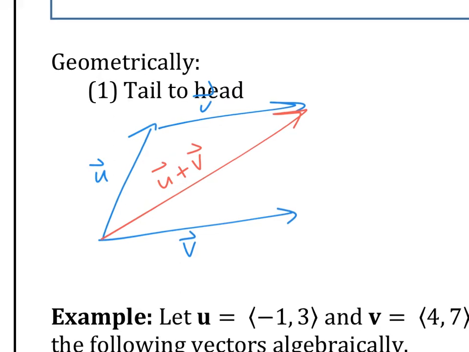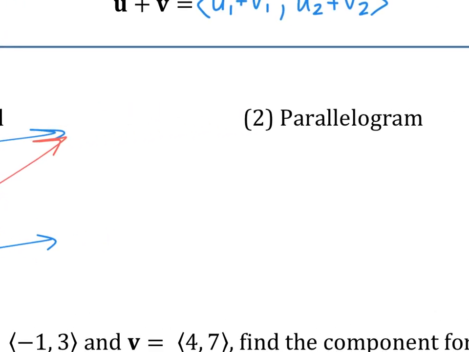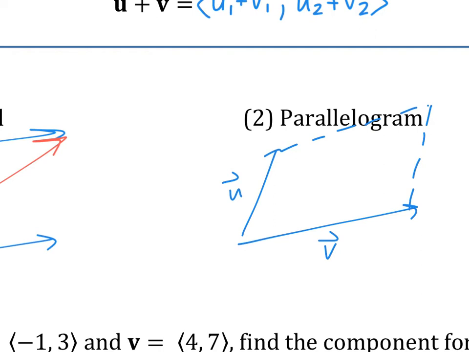The second method is similar. It's called the parallelogram method. So we're going to do the same thing, u and v. This one, we're not going to move anything. We're going to draw a parallelogram. Basically, you have two lines like this. You just need to fill in the other two parts so that it becomes a parallelogram. So like that.